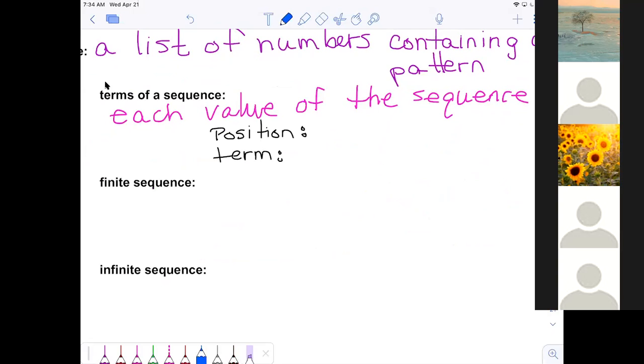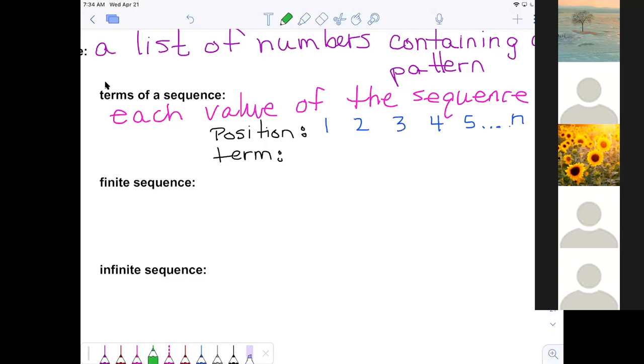So the position would be like first position, second position, third position, fourth position, fifth position, and that could go all the way on to the last position, which I'm going to call an N. So think if you're in the orchestra, you're in the first chair, the second chair, the third chair. So there's a position that you're sitting in the orchestra. So our terms of the sequence have a position as well.